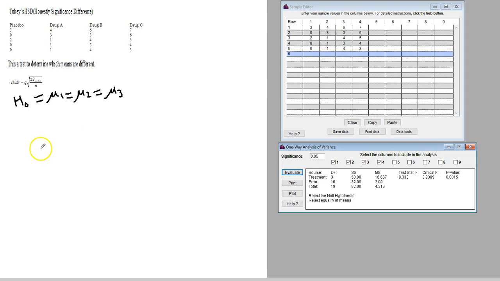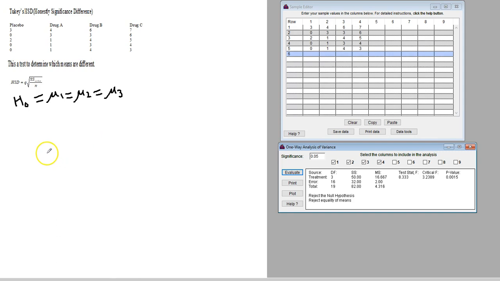Now, if you fail to reject the null hypothesis, then we all know that those three means are the same. In other words, we collect samples from each population, and if your sample indicates that you failed to reject, that means that mu1, mu2, and mu3 all have the same means.